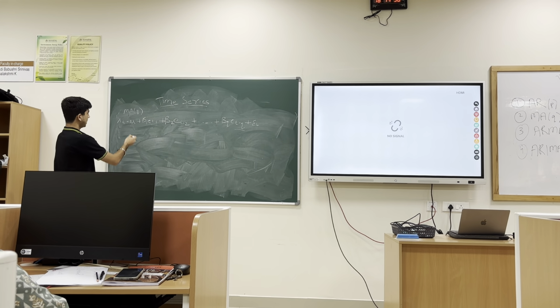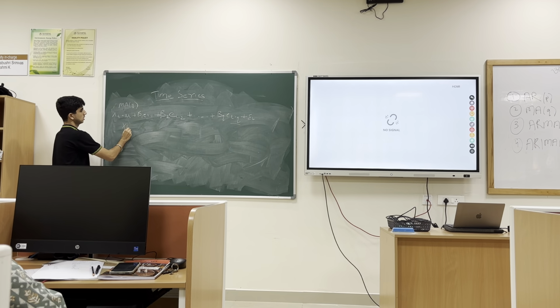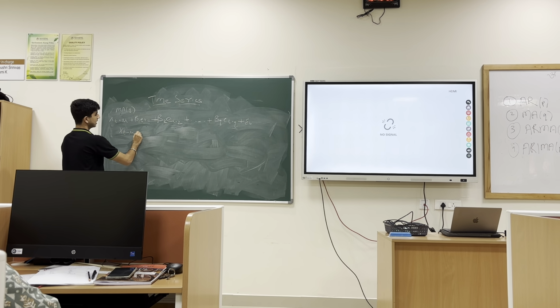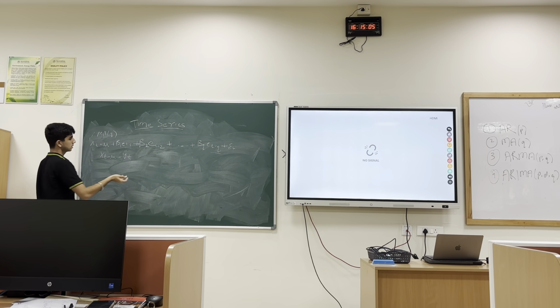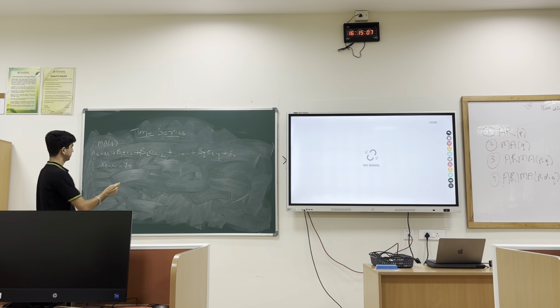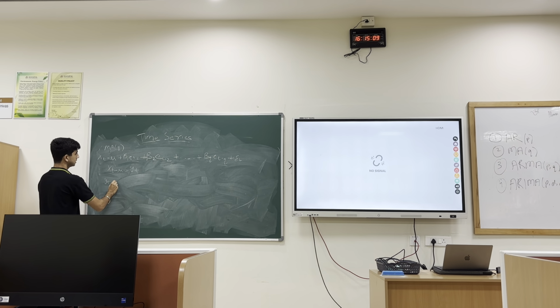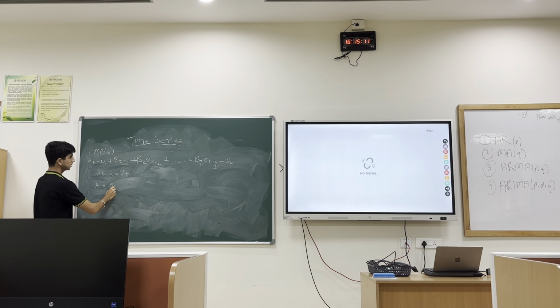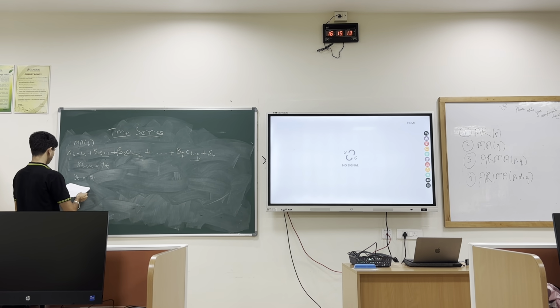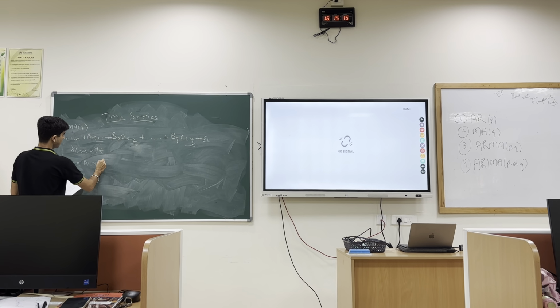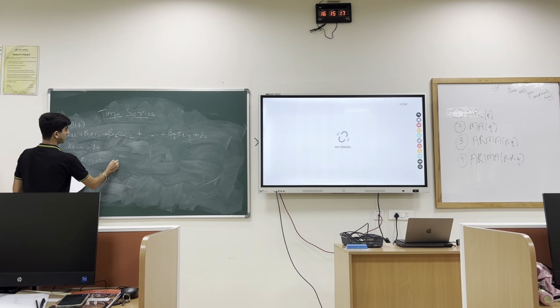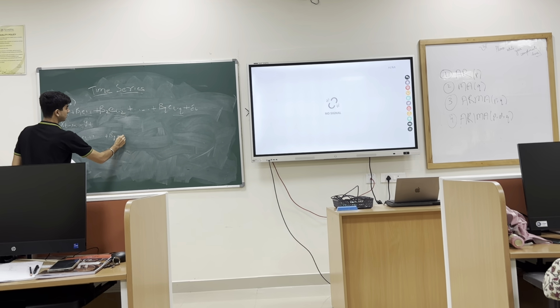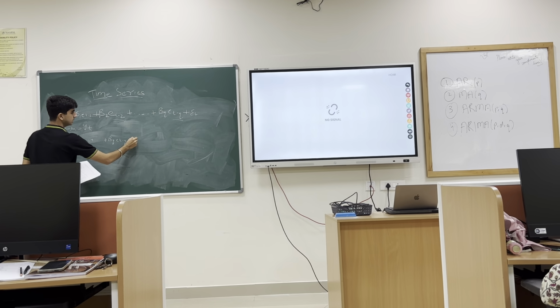Then again, you can write xt minus mu as yt, just to make it simpler and involve fewer parameters. So yt is nothing but beta 1 times et minus 1 plus up to beta q times et minus q plus et.